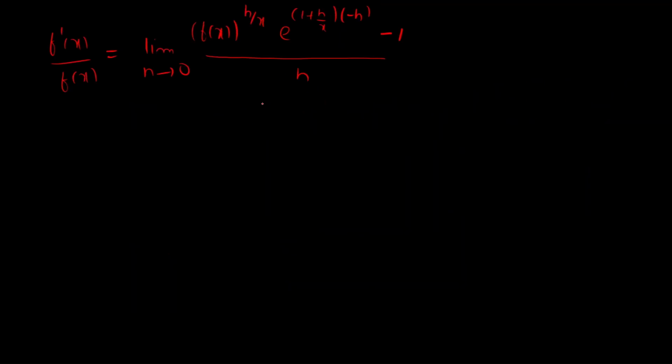Let us continue. Now here, in order to simplify this limit further, I'll be using the standard resulting limit, which says limit x tends to 0, (e power x minus 1) by x is equal to 1, which implies that if x is tending to 0, e power x can be approximated as 1 plus x. Now here, if we observe this numerator, it is (1 plus h by x) into minus h. If h tends to 0, this part will also tend to 0.